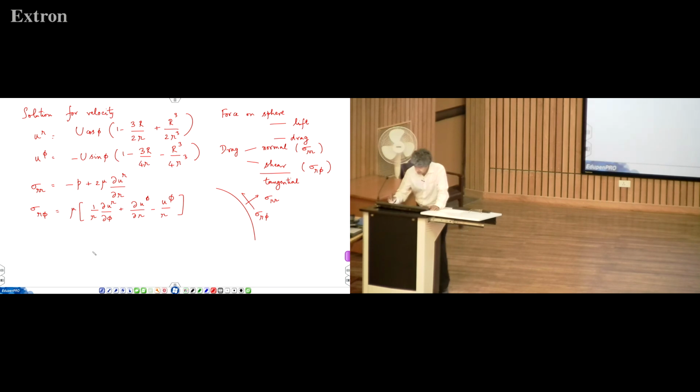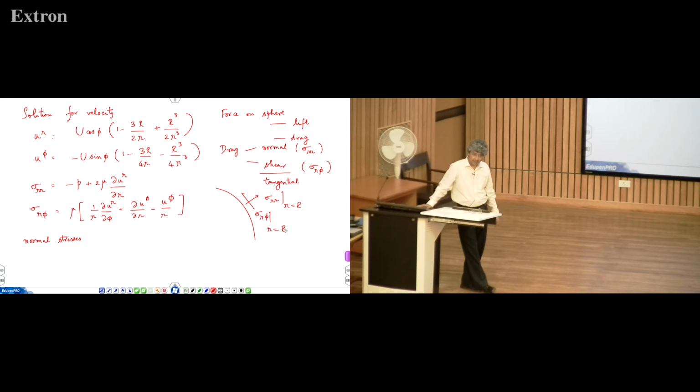The force acting on the sphere in the flow direction, that is called drag, and that arising from normal stresses will be sigma rr evaluated at r equal to capital R, and sigma r phi evaluated at r equal to capital R. This is very similar to the calculation we did for the cylinder.